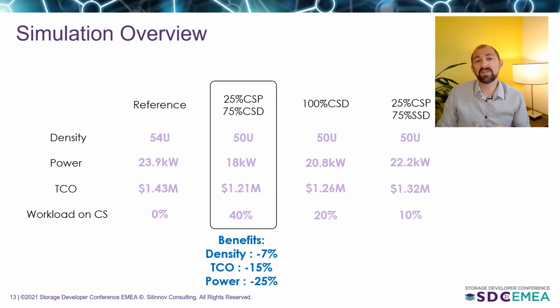The simulation results presented here show that the best results are obtained with 25% of CSP and 75% of CSD, leading to a density decrease of 7%, a TCO reduction of 15%, and a power consumption reduction of 25%.